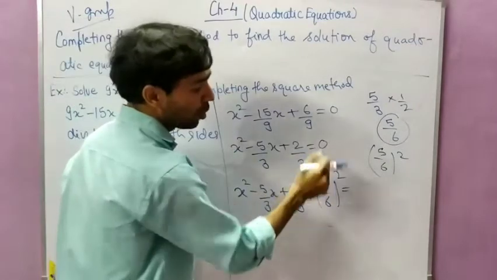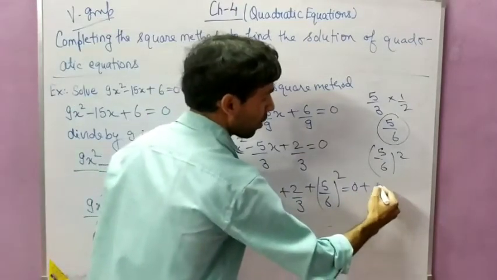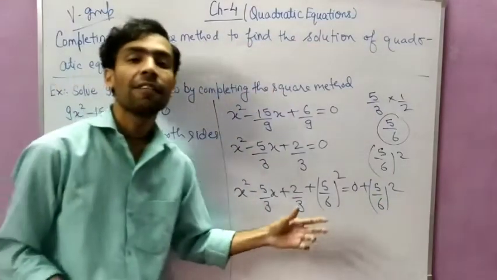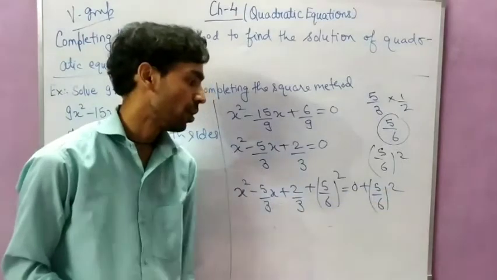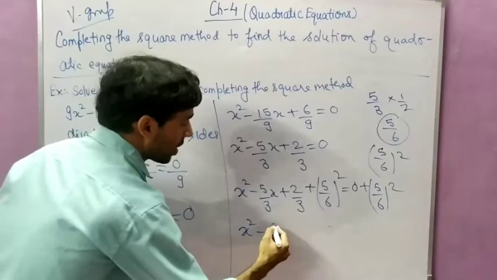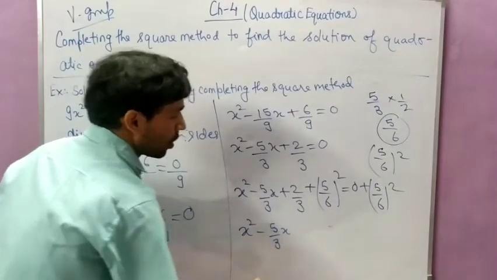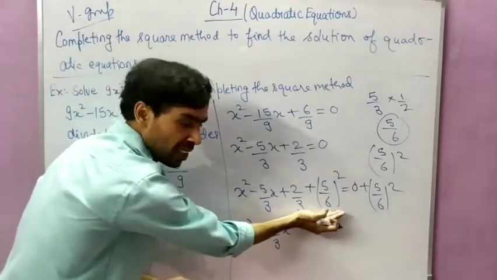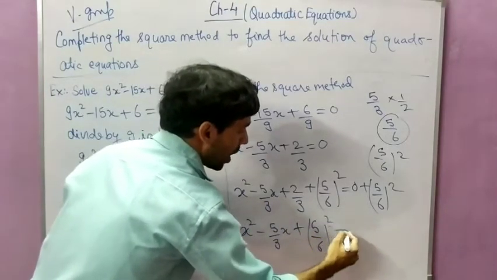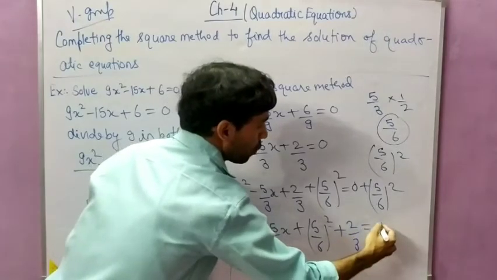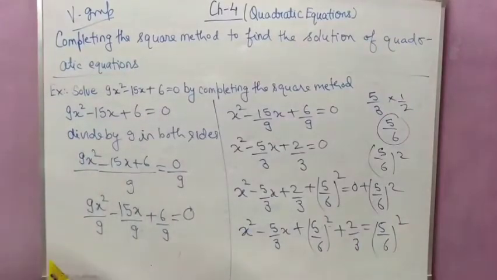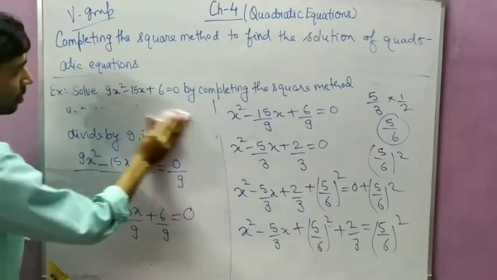RHS was 0, so 0 plus 5 by 6 whole square. Now solve it. It will be x square minus 5 by 3x, then place this 5 by 6 square on this side, and 2 by 3 equal to 5 by 6 whole square. Now I am erasing this part.